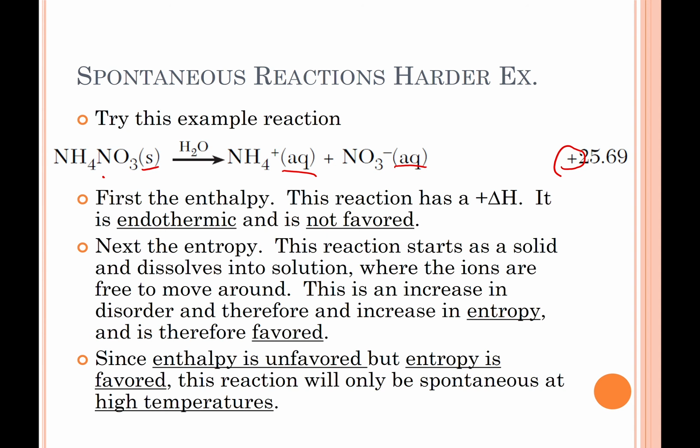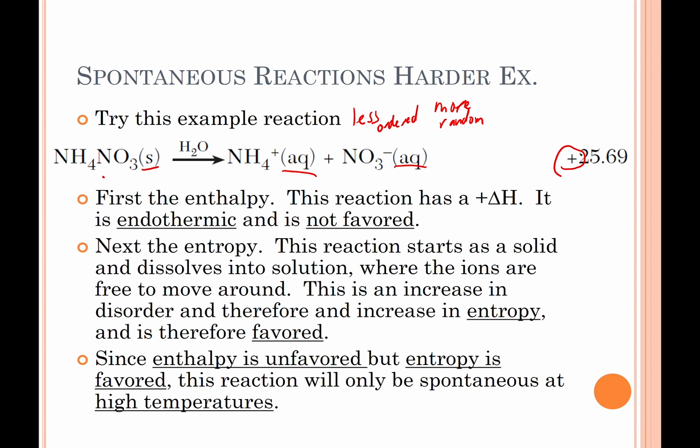In the aqueous solution, the ammonium and nitrate ions are free to move around. So therefore, these are less ordered. These are more random. Therefore, it's an increase in entropy and is therefore favored.